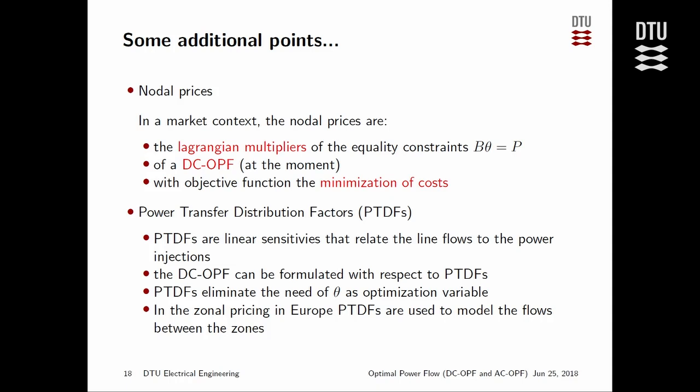Okay, but the thing is that these PTDFs are just linear sensitivities that relate the injection of power with a line flow. So what they say is that here this can be 0.6, let's say, for this node. This means that 60% of whatever goes through here goes through that line, and 40% goes through here, for example, to reach somewhere.